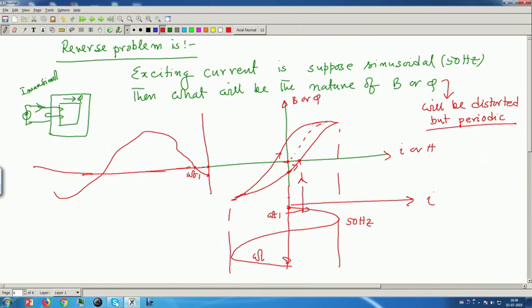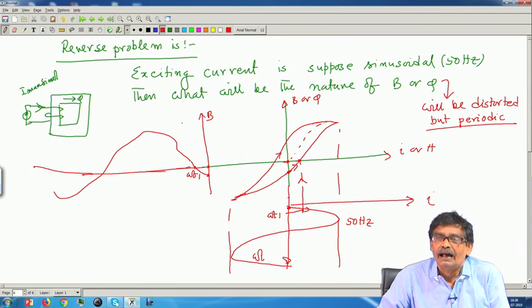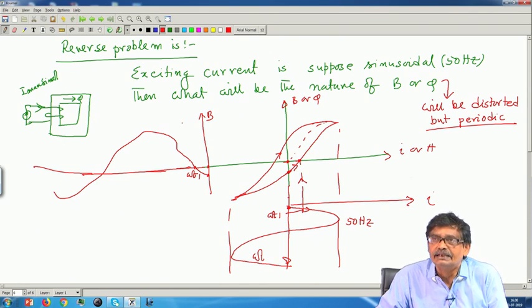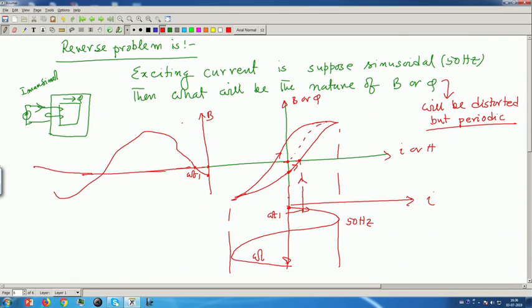Then this B distribution or phi once again can be Fourier analyzed, and you will see that it has got a strong fundamental with lot of odd harmonics, because the positive and negative excursion of this B will be same.